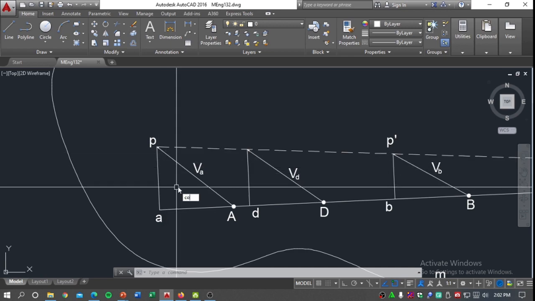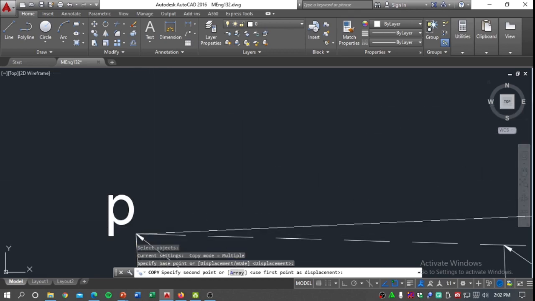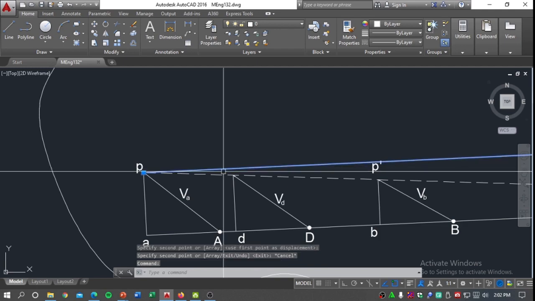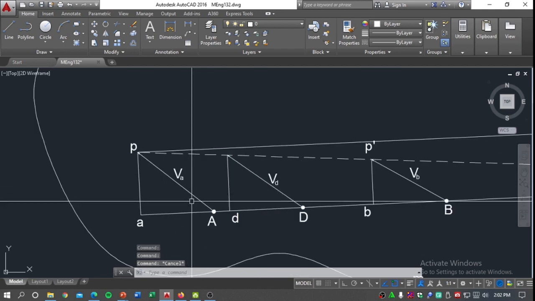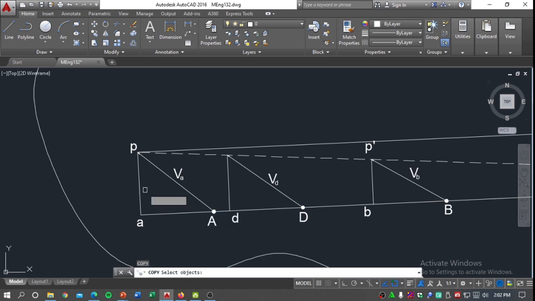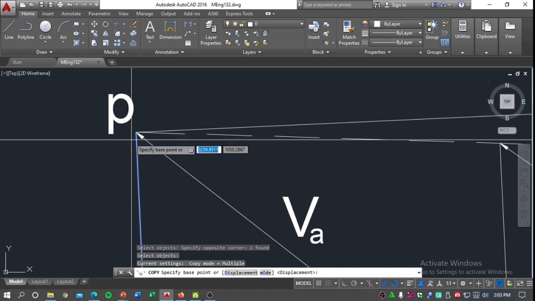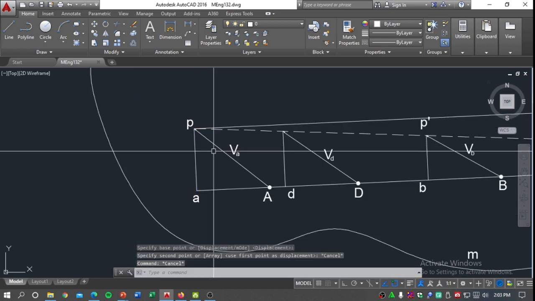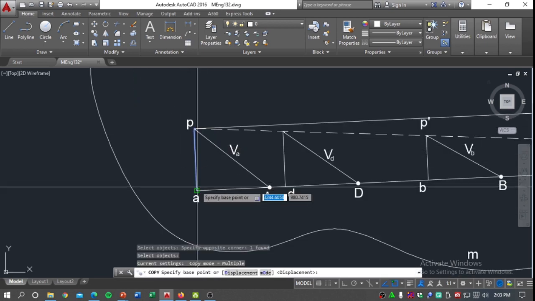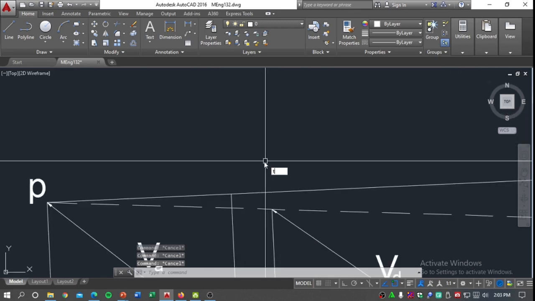Okay, so in doing so, we have to copy this line to point P, and now this line is parallel to this line AB. So we have to draw this another line. We now have a parallelogram for that. Okay, so we will form a parallelogram.